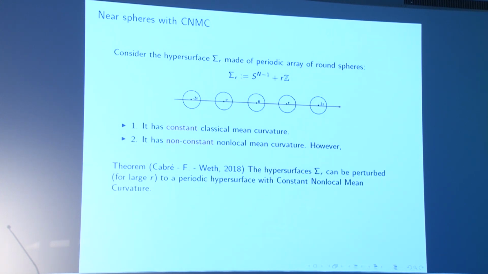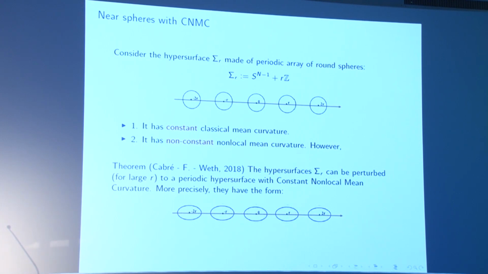Still, we can modify them a little bit to make them CMC surfaces, provided R is large. An implicit function theorem allows you to get these surfaces, and they are precisely deformations of the ones that we saw before. They are ellipsoidal and they interact, so they bend more in the places where they are close and the non-local interactions are strong. This is just a particular case of the result, because this can be proved for any lattice instead of the Z lattice.